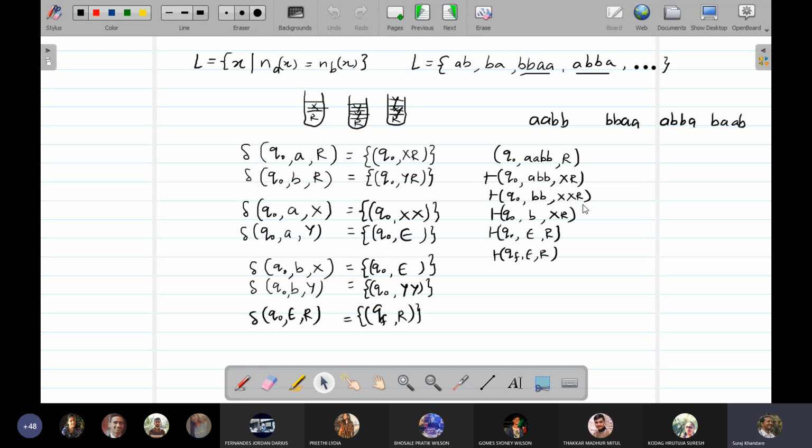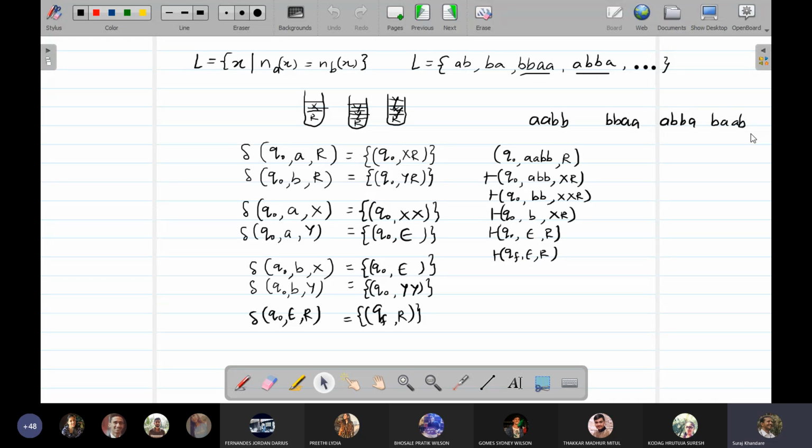Next example, we'll push Y two times onto the stack and then we'll remove Y out of the stack. Next example, A, B, B, A, we push X and then remove that X. We push Y and then remove that Y. Here we push Y first and remove that Y, then push X and remove that X.